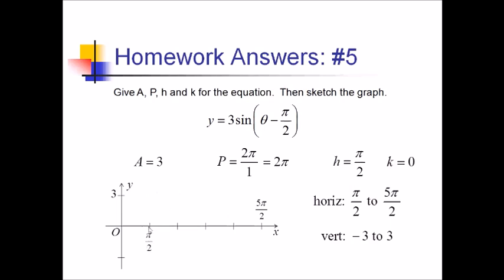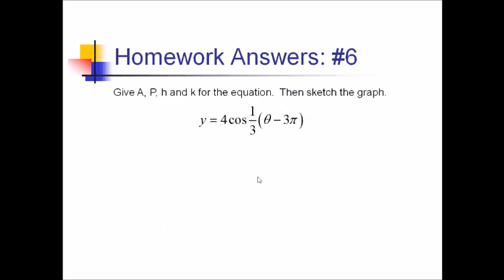Middle is going to actually be the x-axis. So we're going right here and then up the amplitude of 3. Back down 3 to the midline. Down 3 again. And back up 3 to the midline to give us kind of this floating sine curve. And we're done.